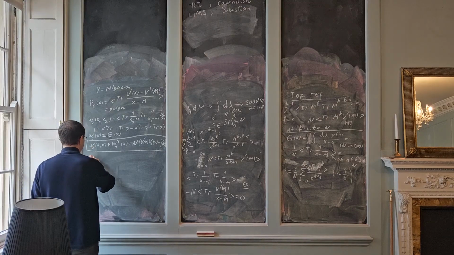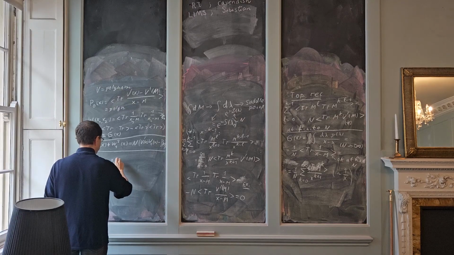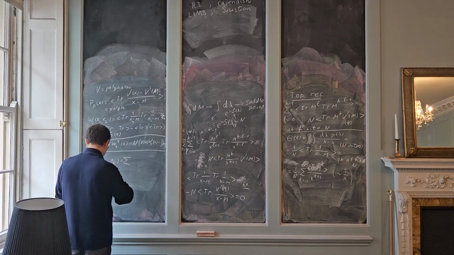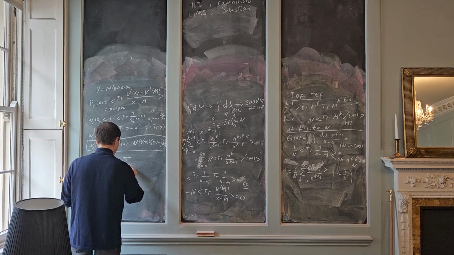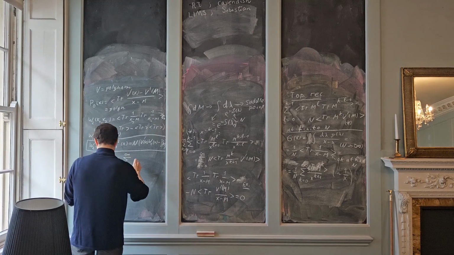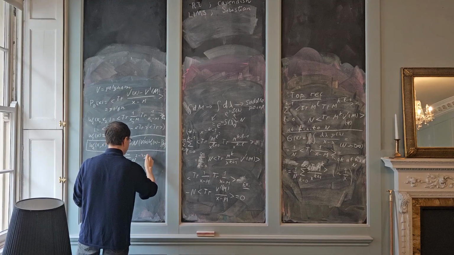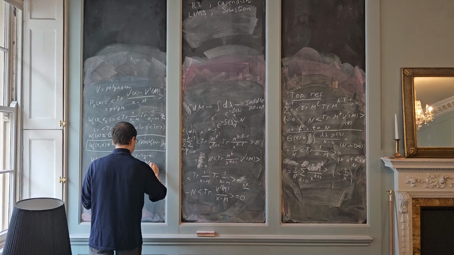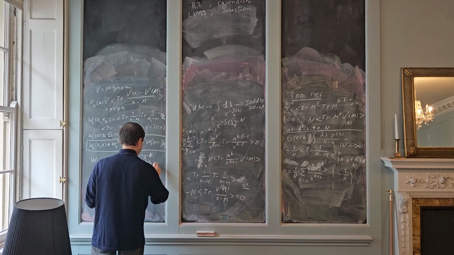Every W_k of x1 through xk will be written as a sum, a genus expansion, with n to some concrete power, 2 minus 2g minus k, times W_{g,k}.